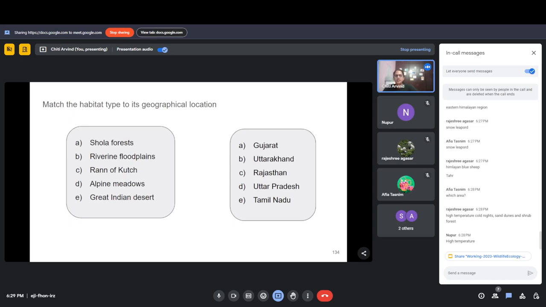So what do you think would be the adaptations of animals in this area, or even plants in this area? Any guesses?